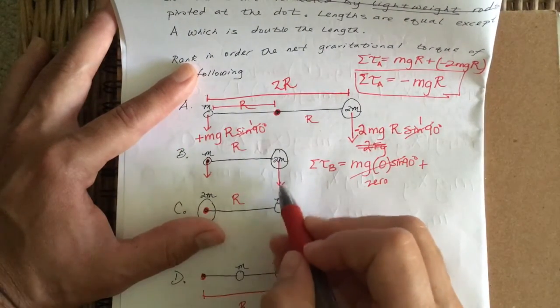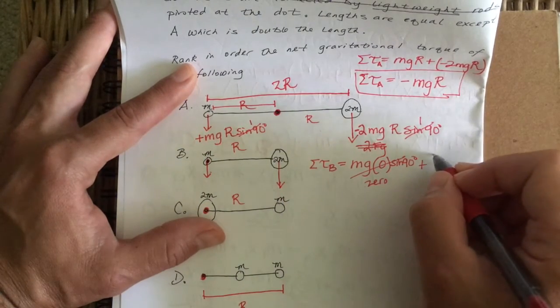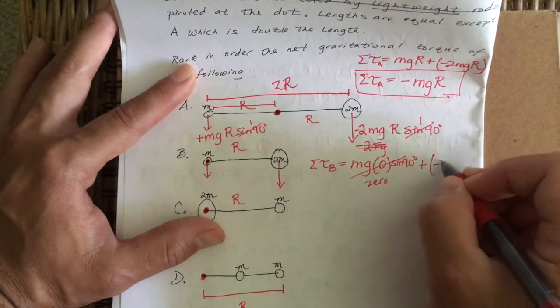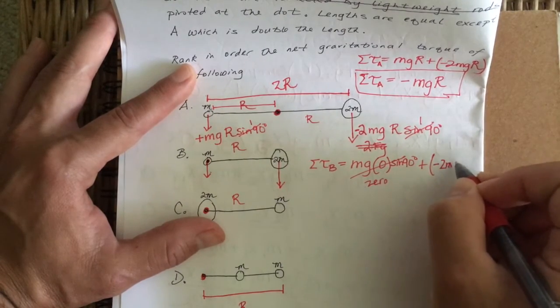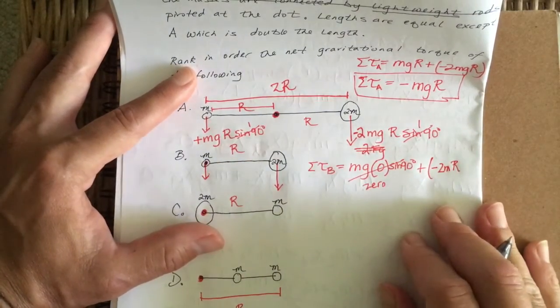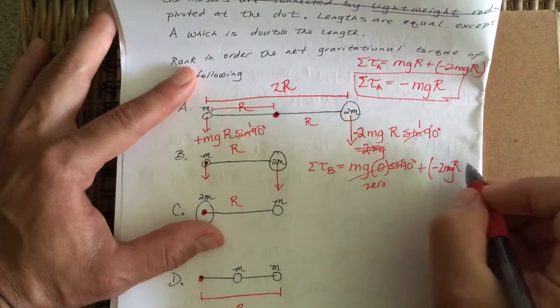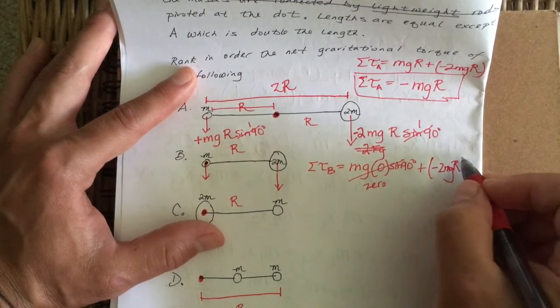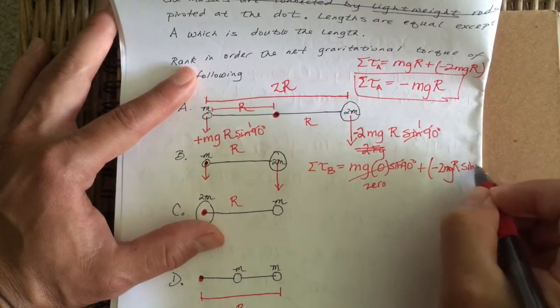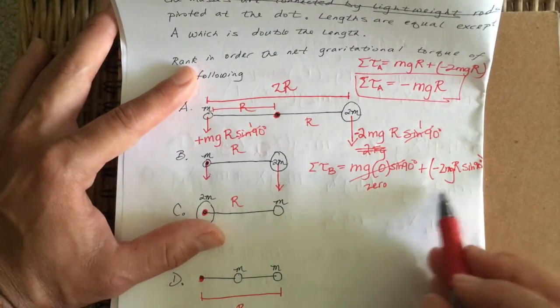Well, this is 2m, at distance r from the pivot. So we can say negative 2mgr, and that's sine 90. Okay, something like that, right?